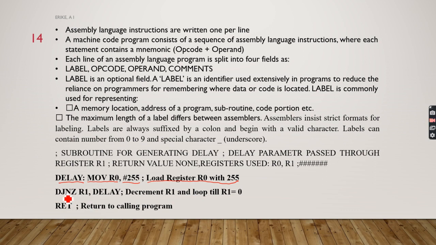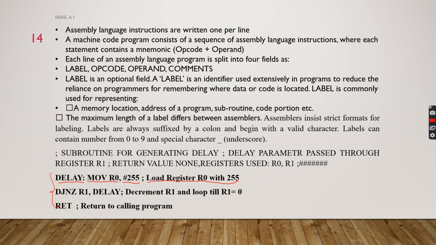This is an example. Then another example is like this. This is actually a delay routine that is written. Labels are always suffixed by a colon and begin with a valid character. Labels can contain numbers from 0 to 9 and the special character underscore.